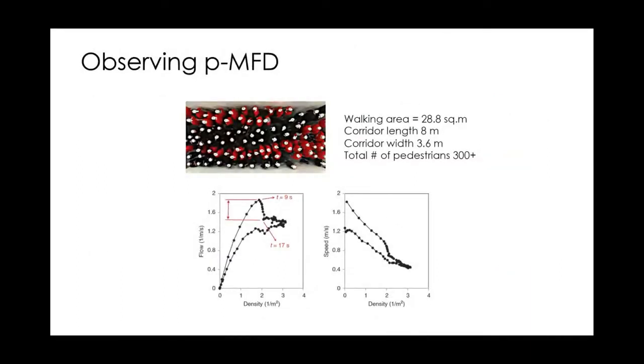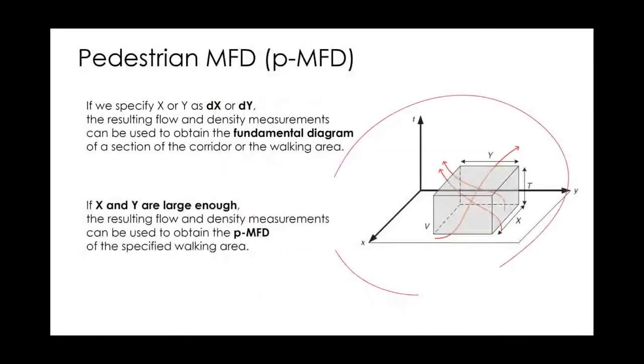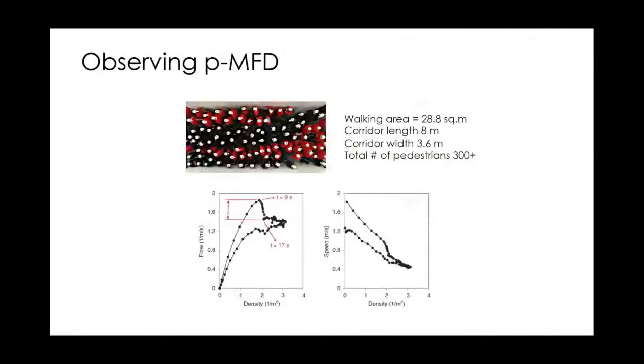Let's now have a look at the fundamental diagram of pedestrians. Again, imagine we have a corridor where people are going in two directions, and I want to calculate flow and density inside an area. If this area is small enough, it can represent the fundamental diagram of pedestrians.